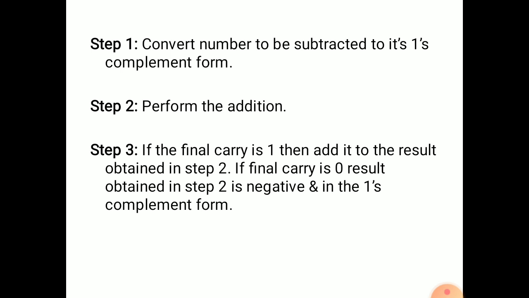And if the final carry produced in step second is 0, then the result obtained in step second is negative and in the 1s complement form. So, convert it into the true form. How? By complementing all the bits.